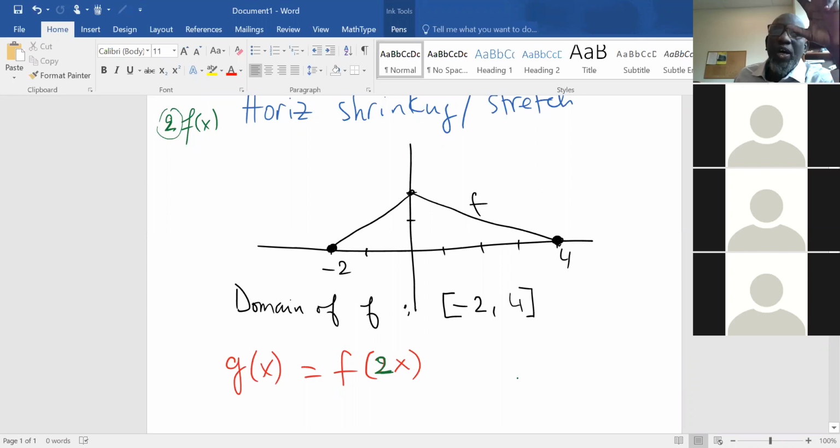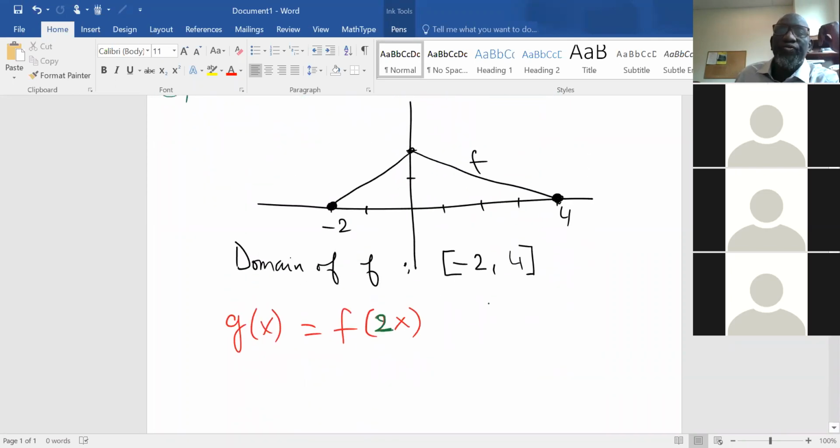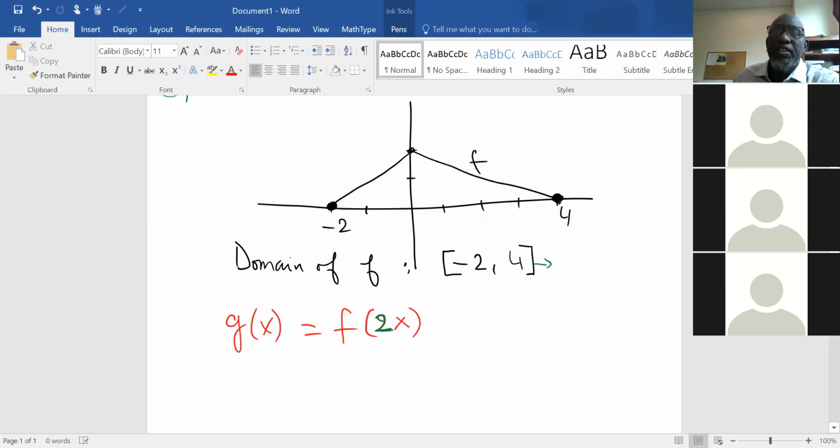Let's see what effect it has on the domain. Because the domain of f is -2, 4, x has to be between what numbers? For f, x has to be between -2 and +4, right? In order for us to be able to find f of somebody, they have to be between -2 and 4.